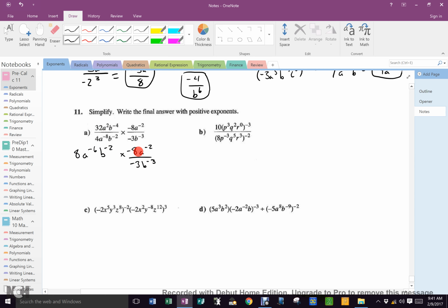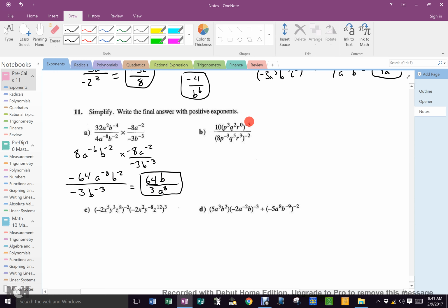So 8 times 8 on the top is negative 64, a to the negative 8, b to the negative 2 over negative 3, b to the negative 3. Two negatives means I've got 64 over 3, and the a has to go to the denominator, a to the 8th, and negative 2 minus minus 3 is positive 1, so b comes up to the numerator.